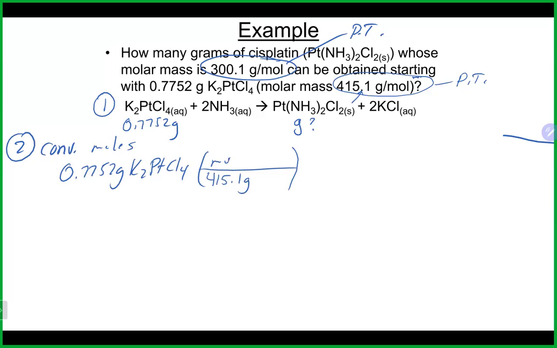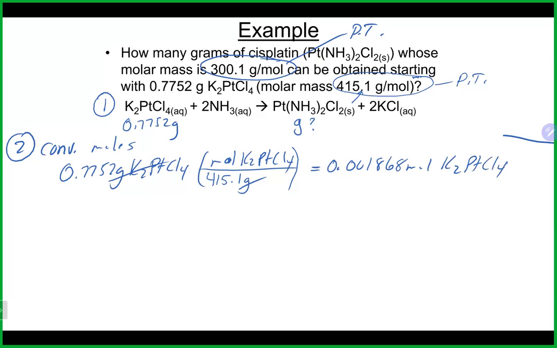The moles here will go up on top. And again, you can continue on the calculation, or if you get an answer at this point, you would have something like this, I think, 0.001868 moles of K2PtCl4.